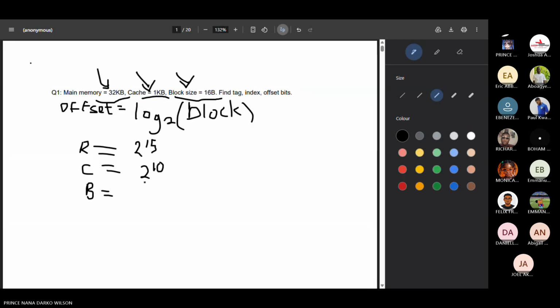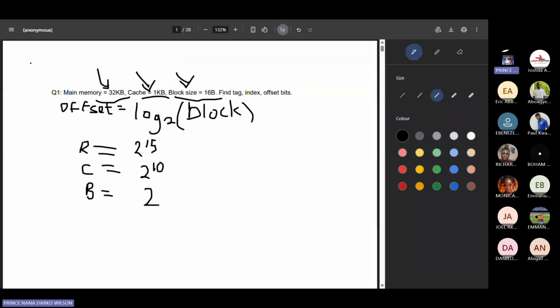Right. 2 to the power 3, or is it 4? It's 4. 3 is close, but it's 4. Yes, so it's actually 2 to the power 4. That's a good try. All right, so then with this in mind, we can now start finding our offsets, our tag, and whatnot.